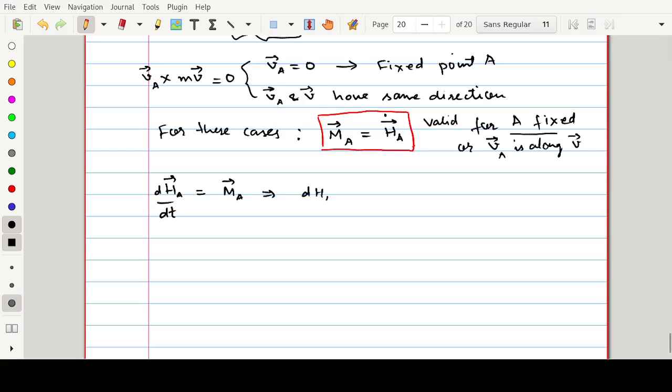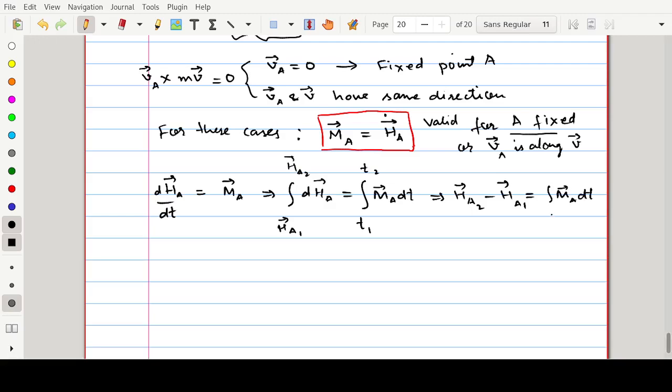If I write dHA is equal to MA dt and integrate both sides, this side from t1 to t2, this side from angular momentum HA1 to HA2, I will get the angular momentum with respect to A at the later time instant minus the angular momentum at the initial time is equal to the angular impulse, that is the integral of MA dt from t1 to t2.